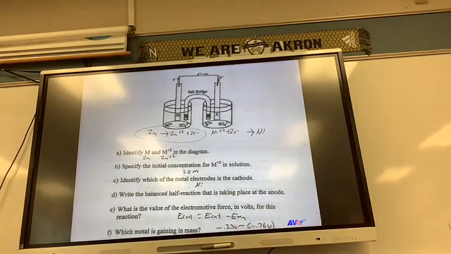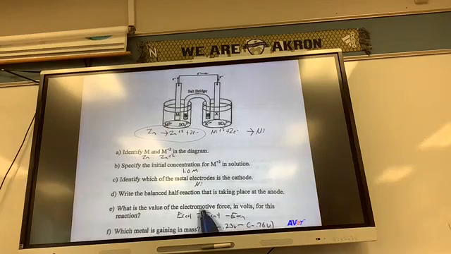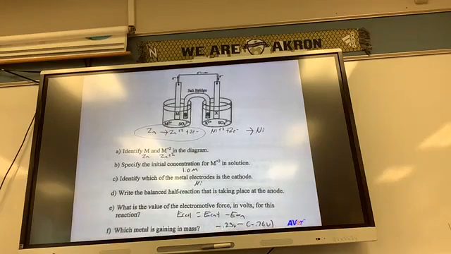Wait, what is the more positive one? I thought the more positive one is the cathode. Yeah, reduction, the more positive one. Negative 0.23 is more positive than negative 0.76. That is closer to 0. And why would that make it the cathode? E cathode minus E anode.